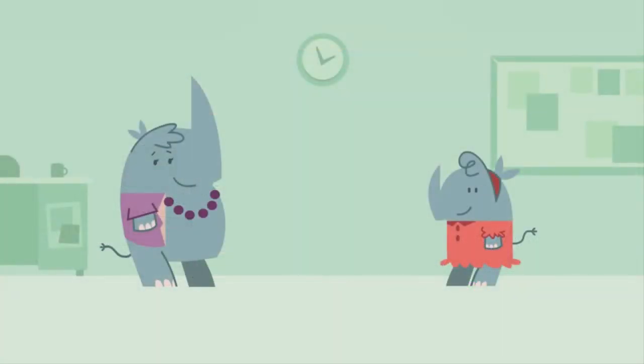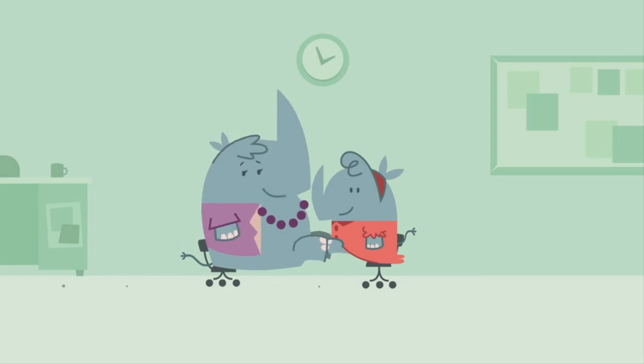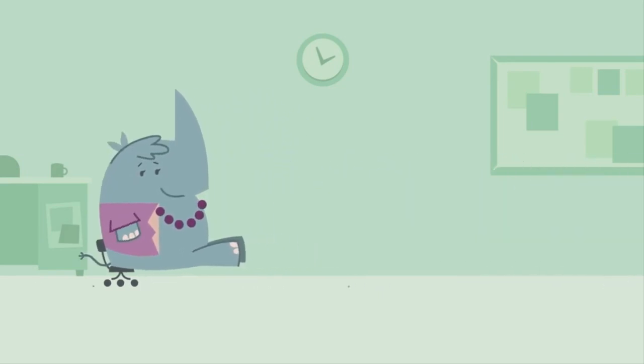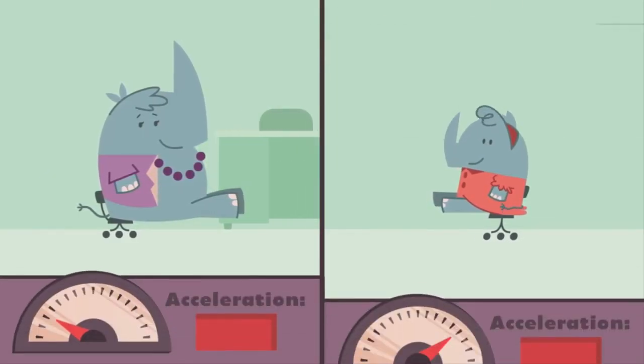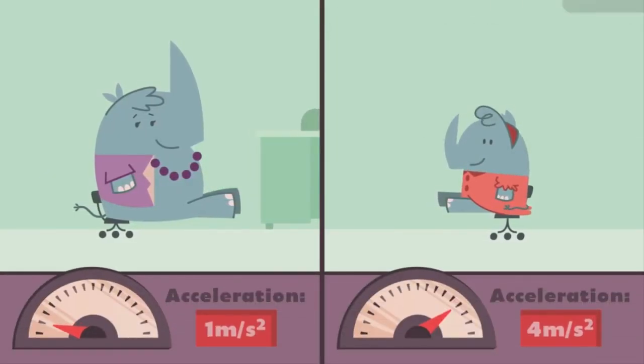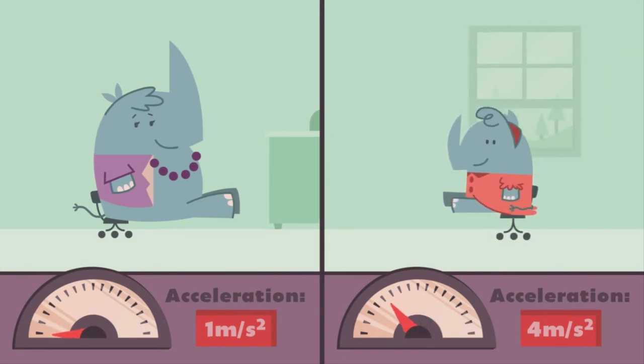To show how it's harder to accelerate something with more mass, picture a student and a teacher, each sitting at rest in a rolling chair, facing each other. Let's also say the teacher is more massive than the student. When they both push off each other, they go rolling backwards. Notice how the student goes back much farther and faster than the teacher. The teacher accelerates less, since she is the more massive of the two objects, and it takes more force to accelerate her than it does the student.